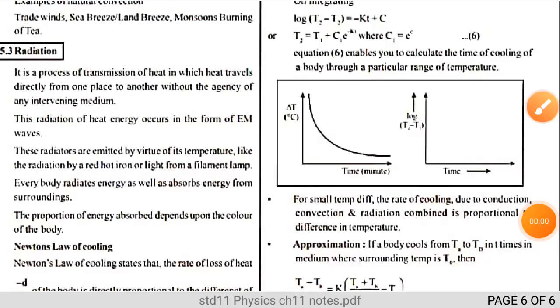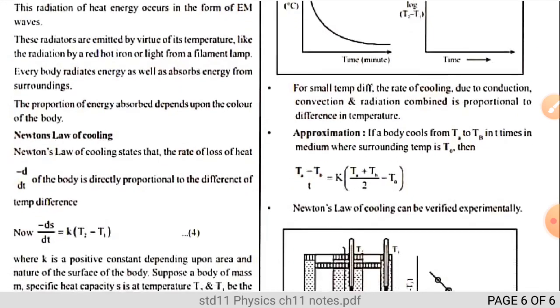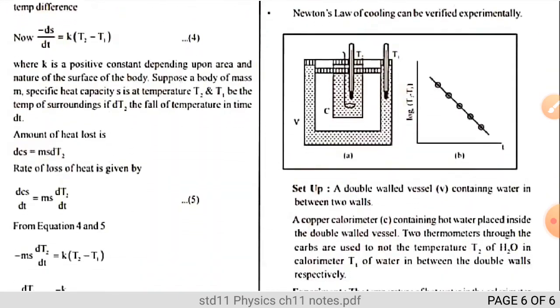Okay, so here we have two graphs. First is delta T versus time, and another is log (T2 minus T1) versus time. So for a small temperature difference, the rate of cooling due to conduction, convection and radiation combined is proportional to the temperature difference, right? To prove Newton's law of cooling, we are using calorimetry, right?